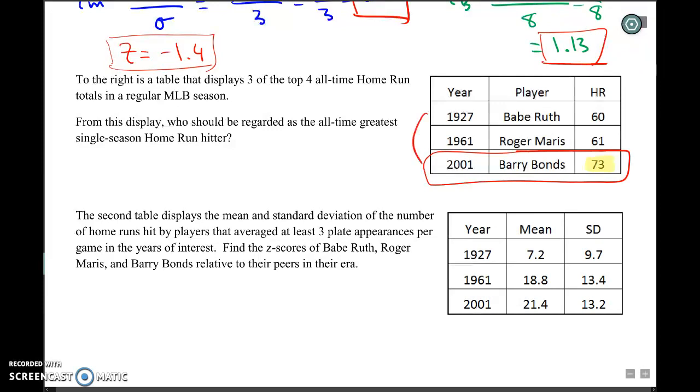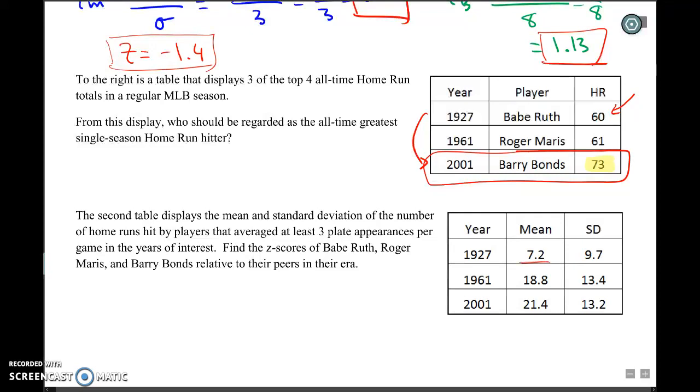this is a 75-year difference. The game has changed a lot in 75 years. So, what was Babe Ruth's performance like relative to the people of his era compared to Barry Bonds? This table down here displays the mean and standard deviation of the number of home runs hit by players that averaged at least 3 plate appearances. So basically, players that were regulars.